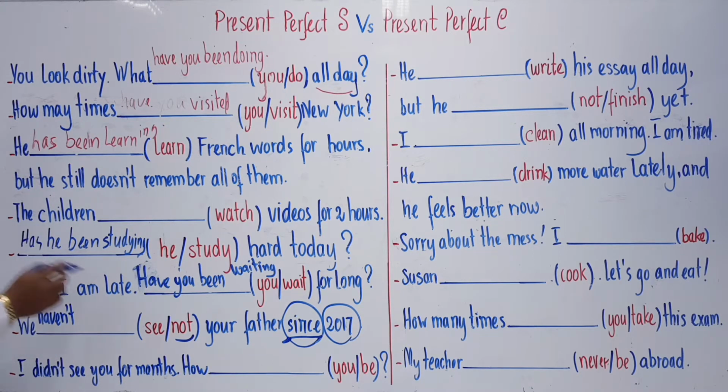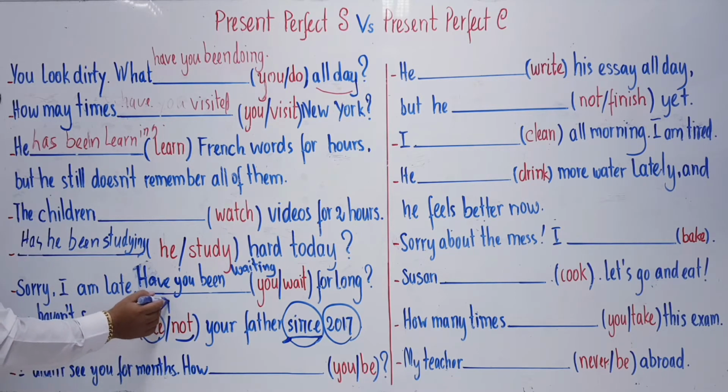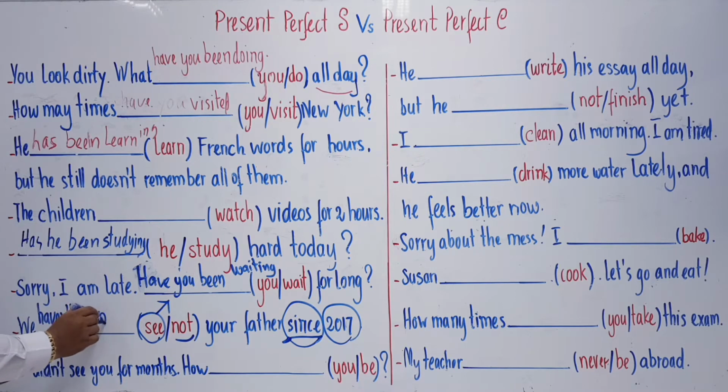We haven't, what's it? See or seen? See, go to past participle. What do you have? Okay, seen. We haven't seen your father since 2017. Right? Let's go to the next one.